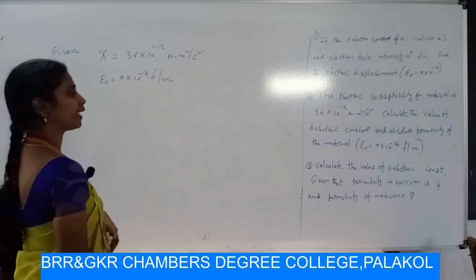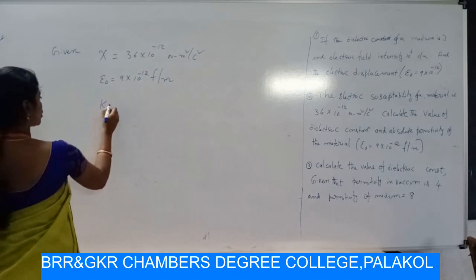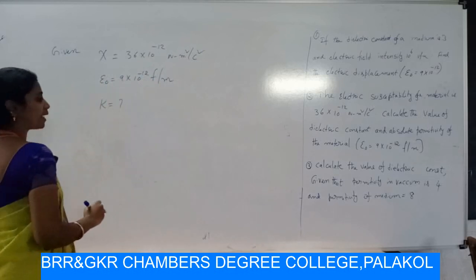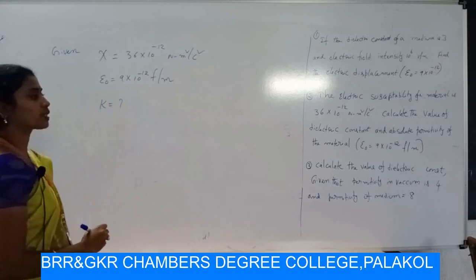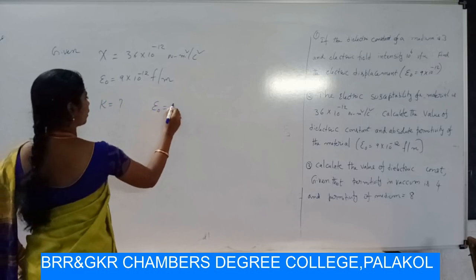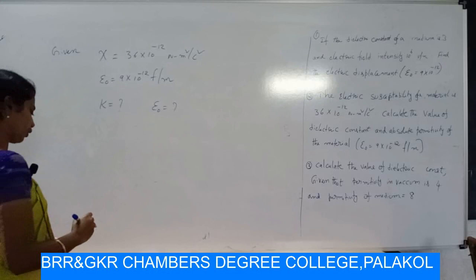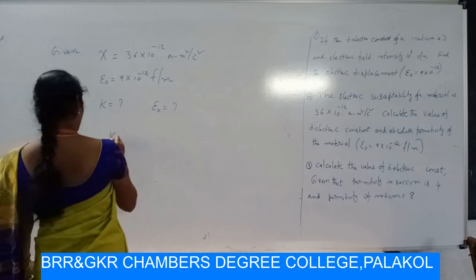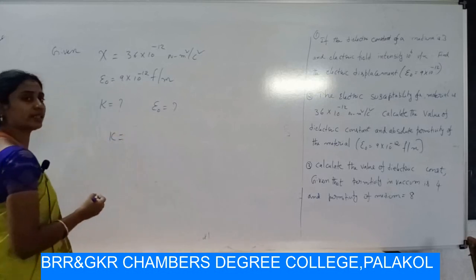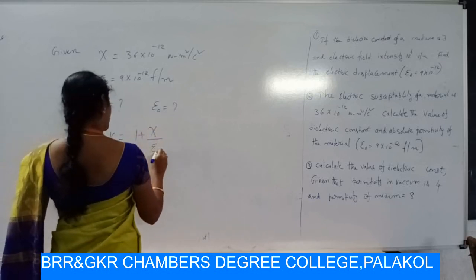Here we calculate the value of the dielectric constant, indicated with the letter K, and also the absolute permittivity. So first we calculate the K value, the dielectric constant. As we already discussed in our last session, K is equal to 1 plus psi by epsilon naught.